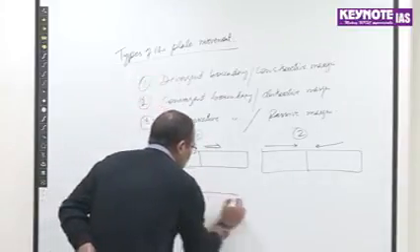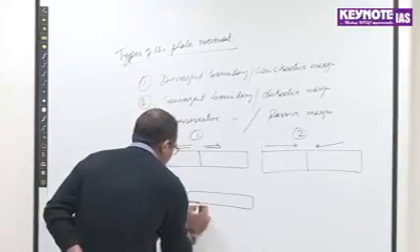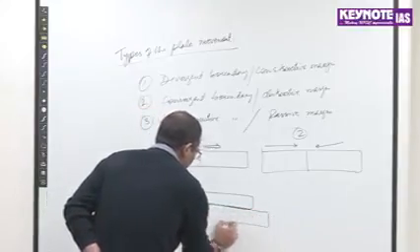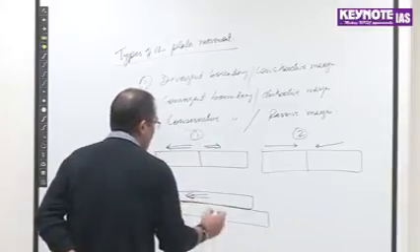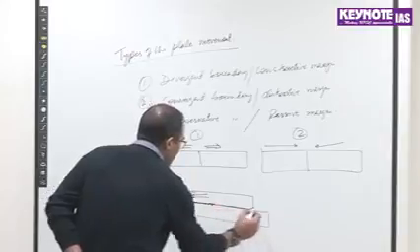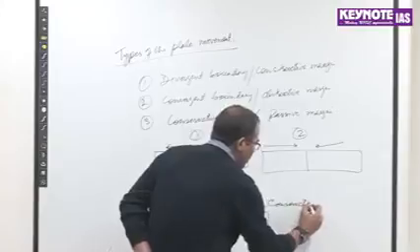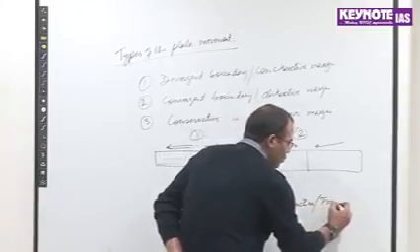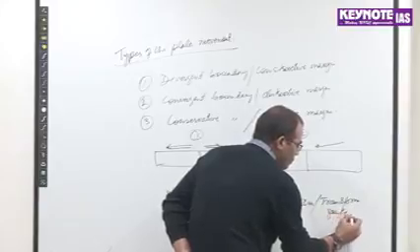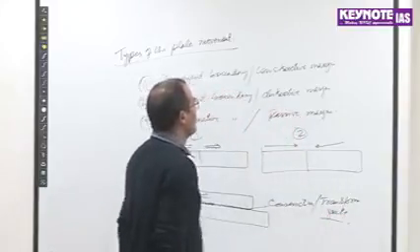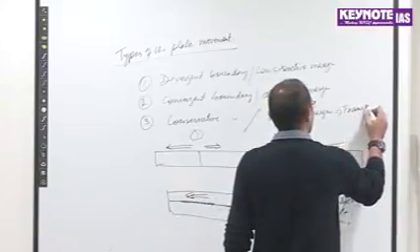And the example of the third is this plate moving independently, and this boundary is conservative. This is also called a transform fault.